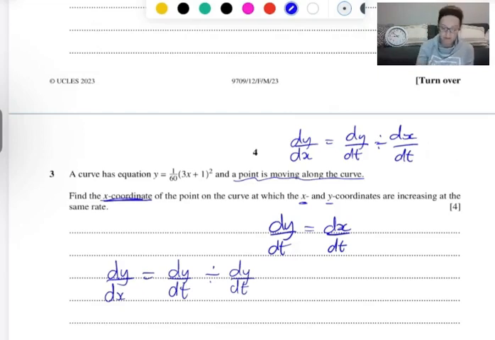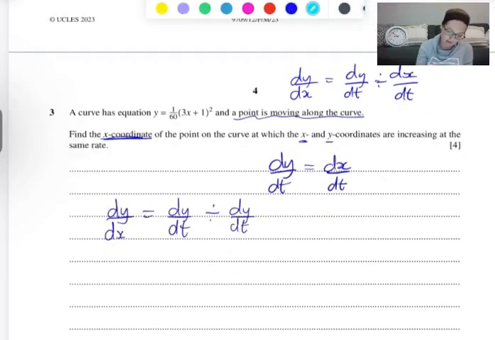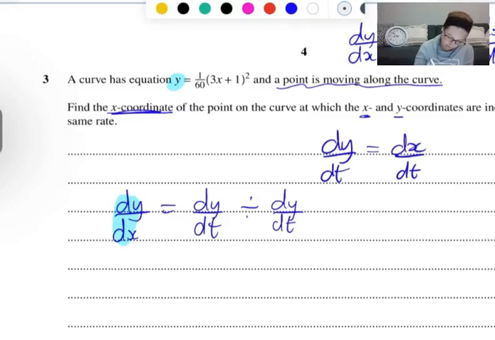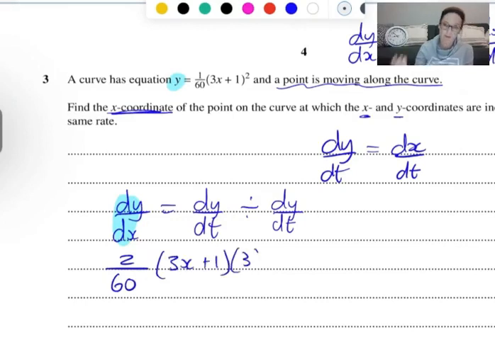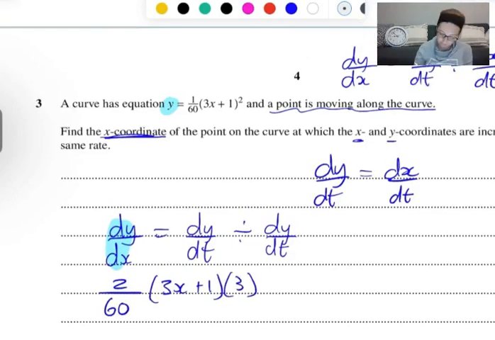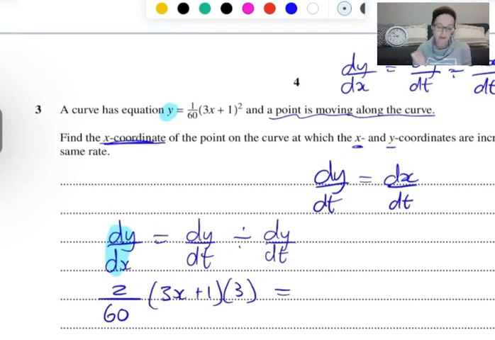Okay, now to find your dy/dx, what do you have to do? You have to differentiate the y in terms of x. So I'm just going to directly do the derivative here. So 2 times 1 over 60, 3x plus 1, I'm going down a power, and then I'm multiplying by the derivative of the inside, is equal to, and then I've got a value divided by the same thing, it's just going to be equal to 1.